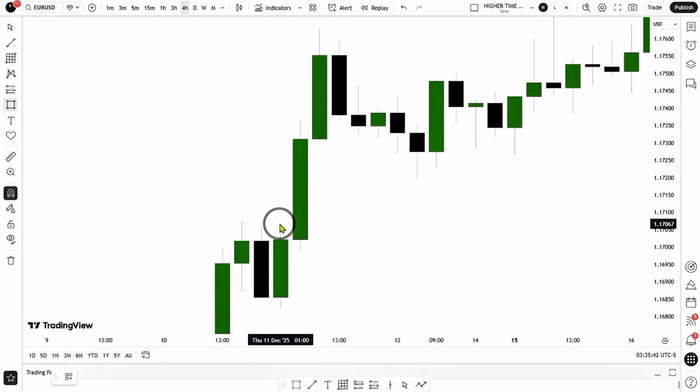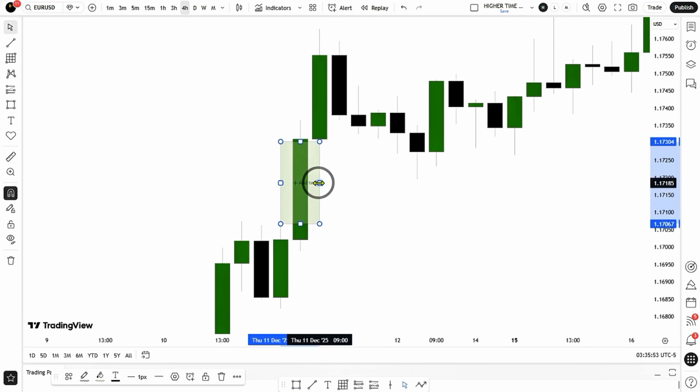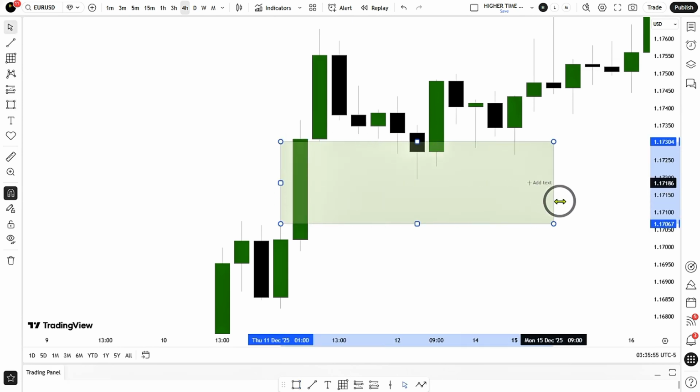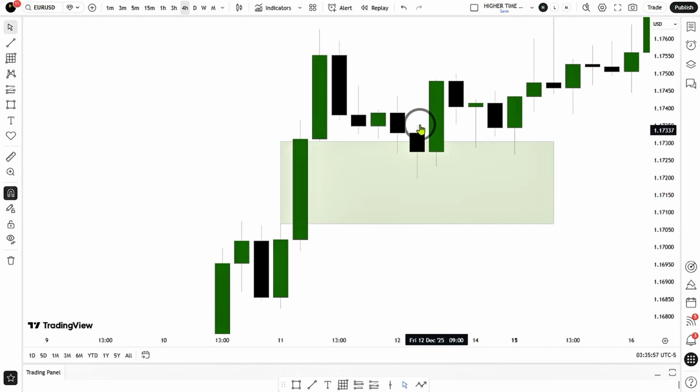Consider you have this imbalance between this swing high and this, between this candle's high and this candle's low. This one is a 4-hour buy side imbalance where price traded into it and gave higher prices. How am I going to use this fair value gap twice?